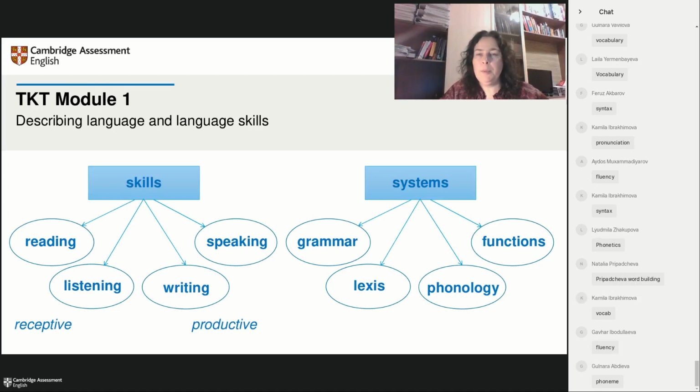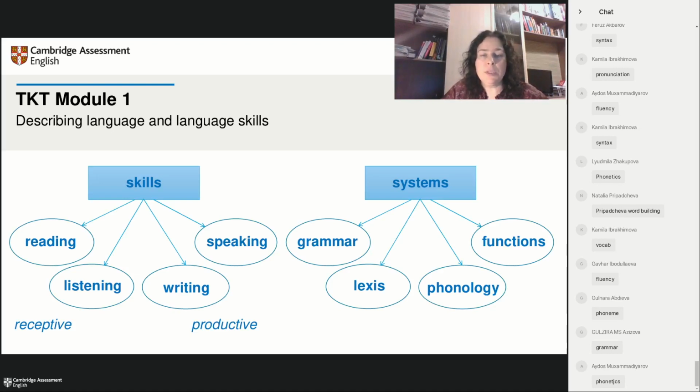So grammar will be, well, probably syntax will be in the grammar category. Phonemes, again, about phonology. Well done. Fluency, yeah, I would say that fluency is really important for productive skills.